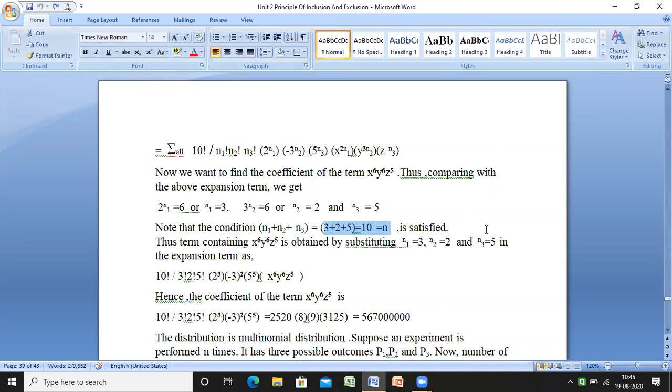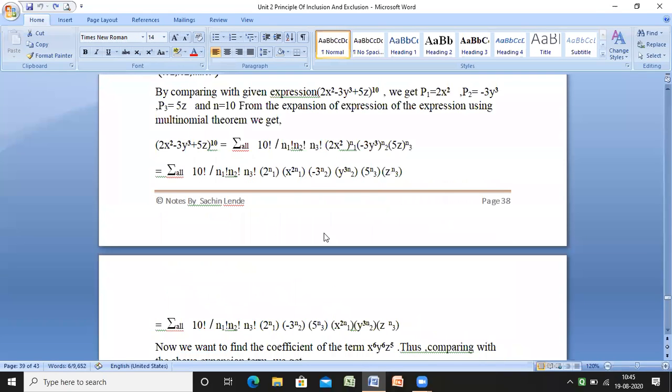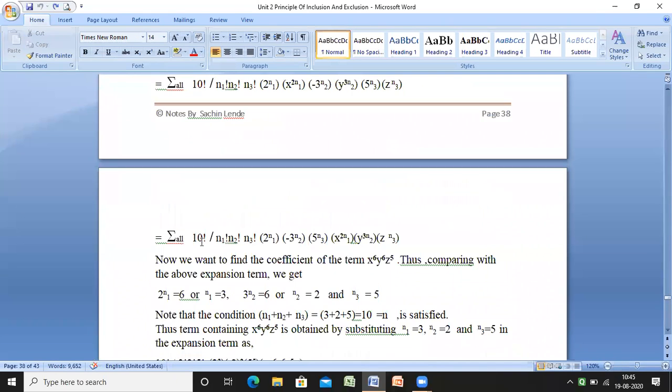While substituting the values of n1, n2, n3 in the above expression, the example is the summation of 10 factorial divided by n1 factorial, n2 factorial, n3 factorial, and we put the values of n1, n2, n3 over here.